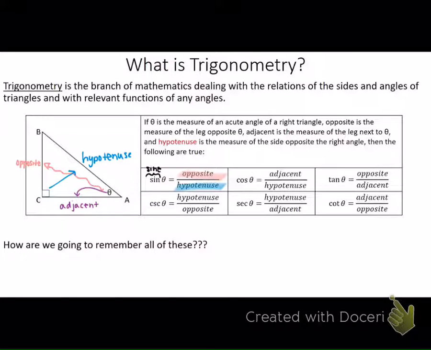Okay, freeze. We aren't even confused with anything but how I'm saying things. So let me stop for a second. It's new words. This is not sin. This is sine. Sine is the function. It's shortened to that. I'm saying theta because theta is in angle A right now.